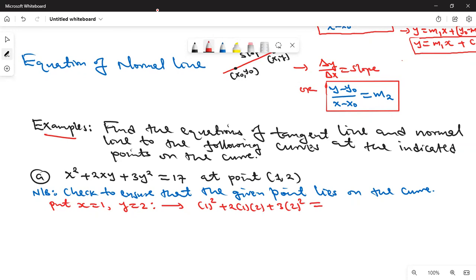That is 1 plus 4, that's 5. 5 plus 12, that is 17. So therefore, the given point satisfies the equation. This means that point (1, 2) lies on the curve.